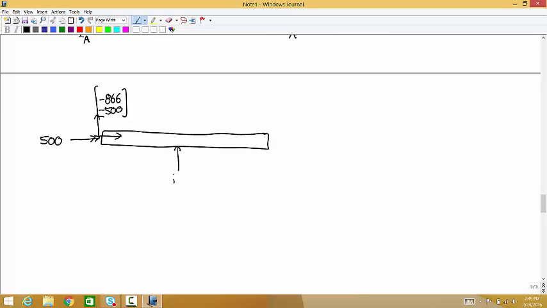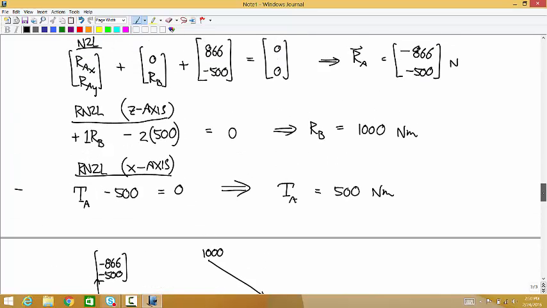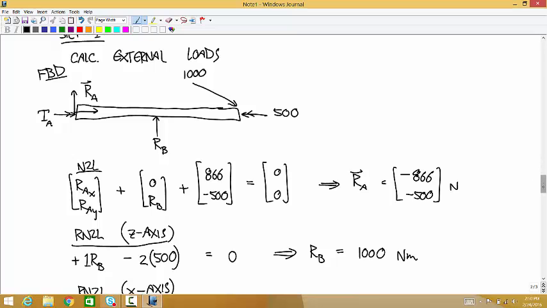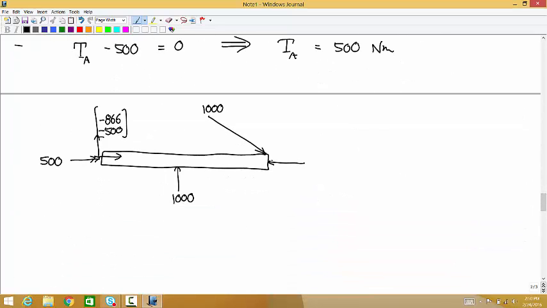A force from the roller of 1,000. And then the external load that was provided, and also the applied external torque of 500. So this is Newton meters, newtons, newtons, Newton meters, newtons.